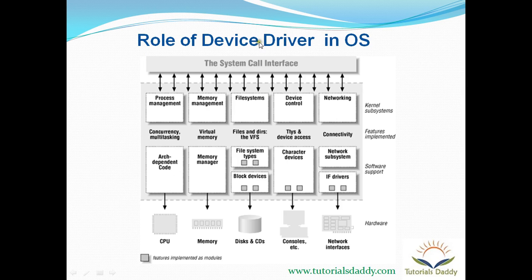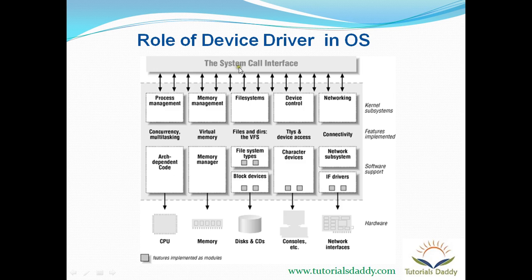These applications use the system call interface to send requests down to the kernel. As we already discussed in the last presentation, the system call interface gets requests from the user space and passes them to the particular driver, and then the driver communicates with the hardware. This way the communication from applications to the hardware happens.